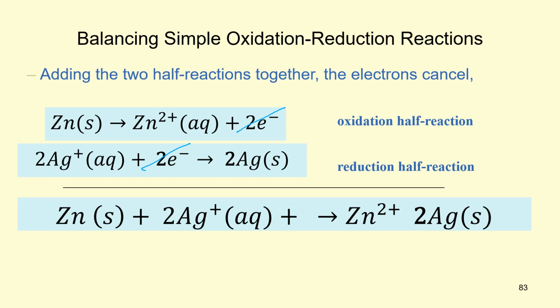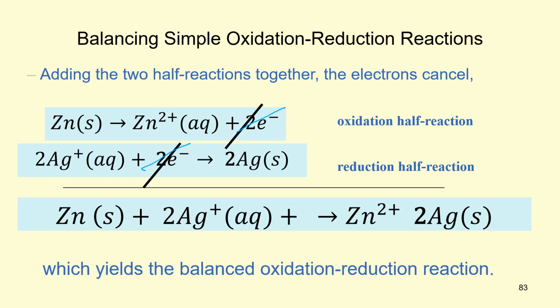So this is now a balanced redox reaction. The textbook actually goes into some other ways of balancing redox reactions, which we're not going to go into right now. This would be the most that you'll have to do, just these easy half reactions.